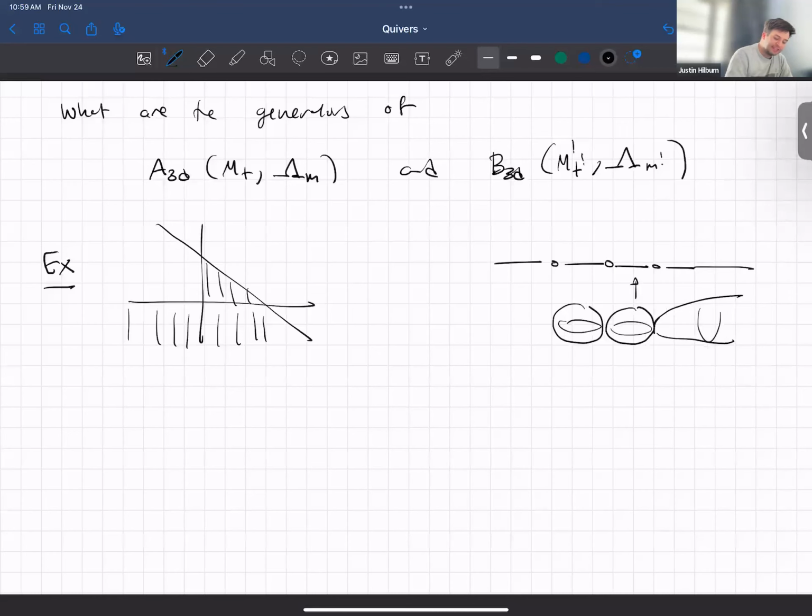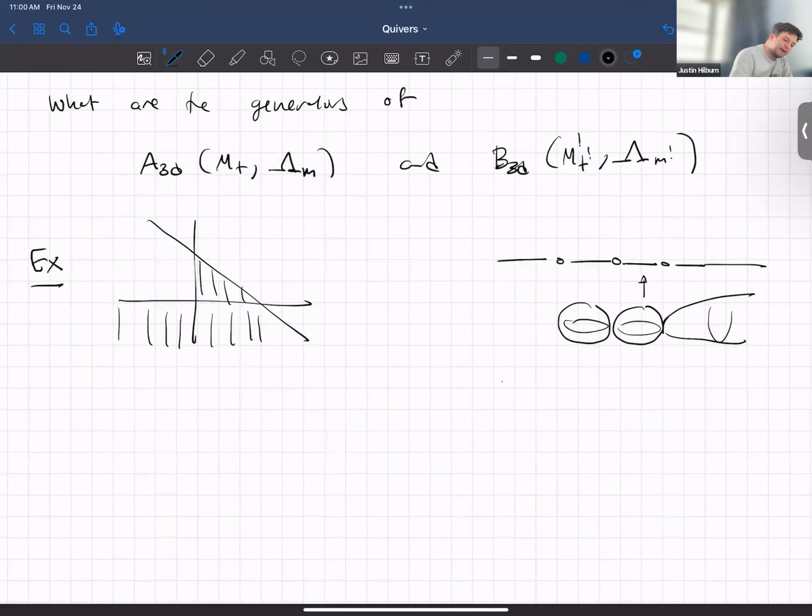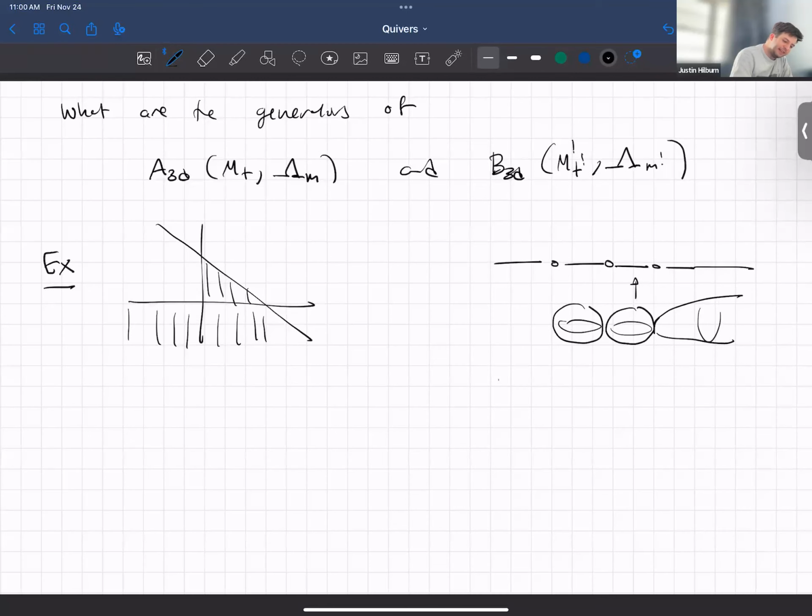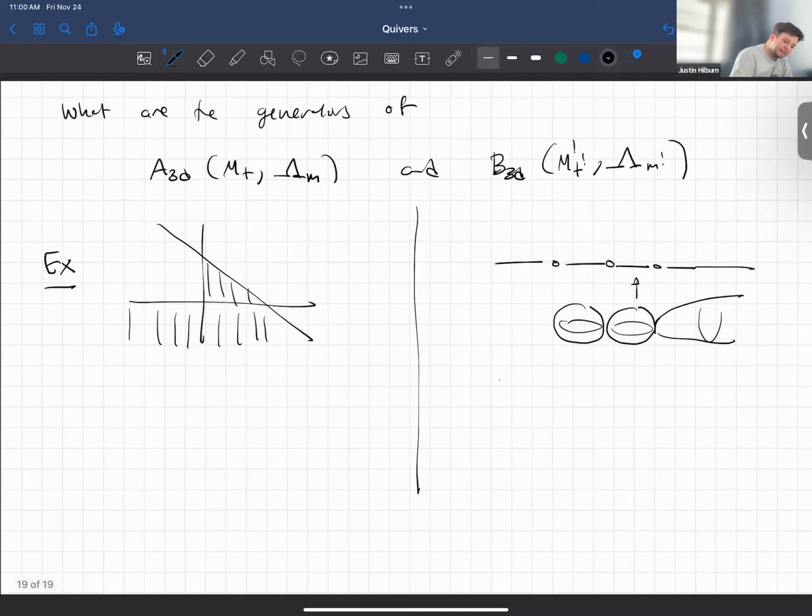All right, so this is something that I learned from something of Telemann. And so the generators that we're going to find in this case is that this B side is going to be generated by the components of the skeleton.